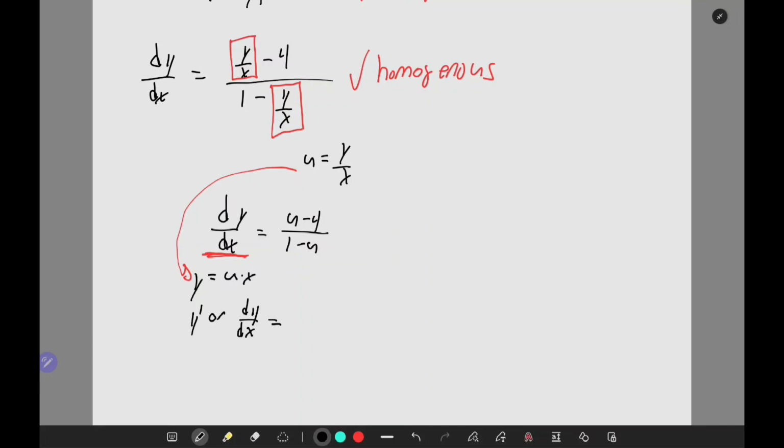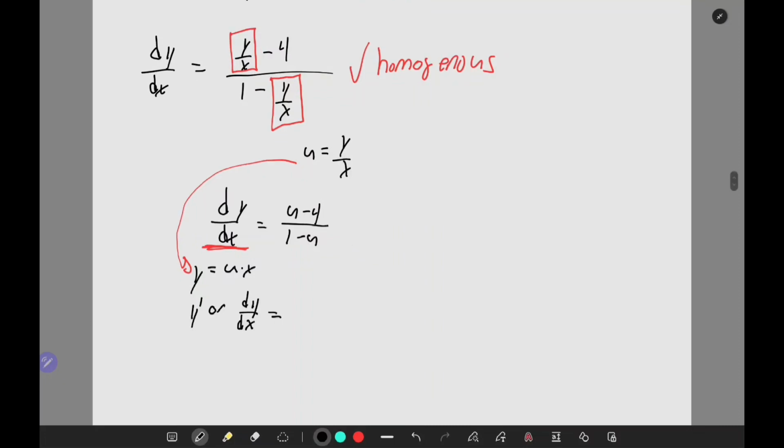First times the derivative of the second, that's u times the derivative of x, which is just 1, so u times 1, plus the second times the derivative of the first, which is x du/dx.